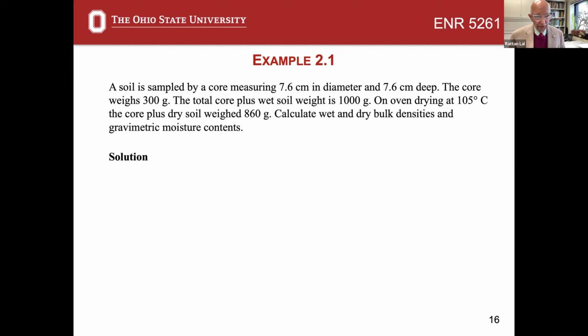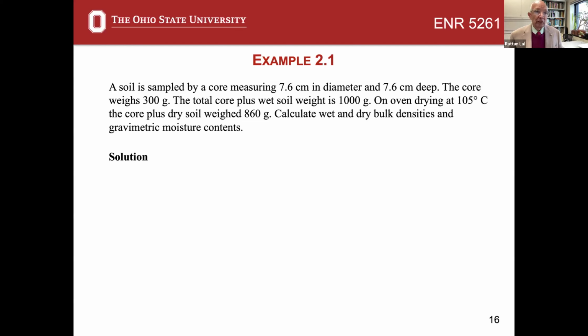We only use metric units: millimeter, centimeter, kilometer, meter, gram, microgram, nanogram, kilogram, megagram, gigagram, teragram. No pound, no foot, no yard. So the core of soil is 7.6 centimeter in diameter, and it's 7.6 centimeter deep.